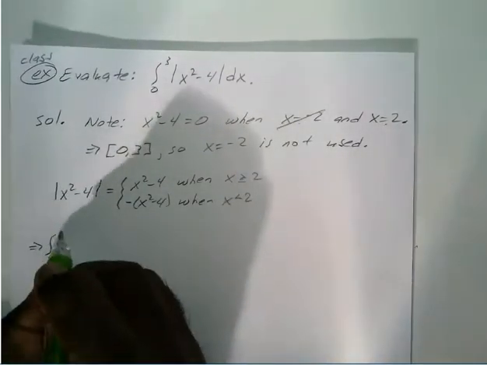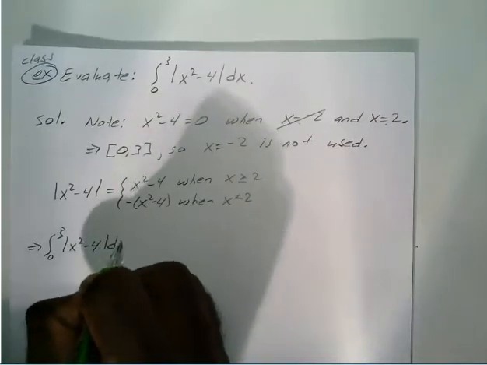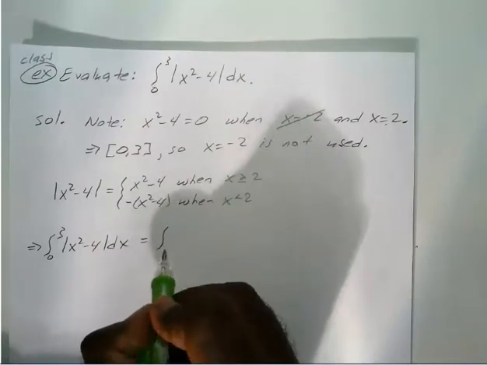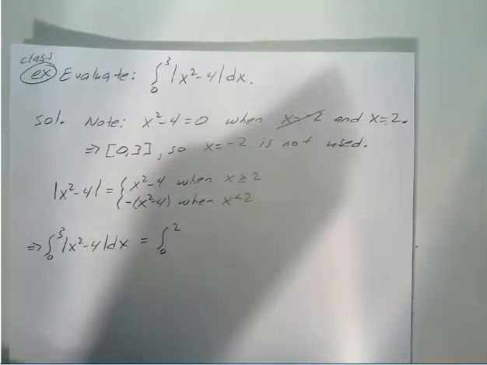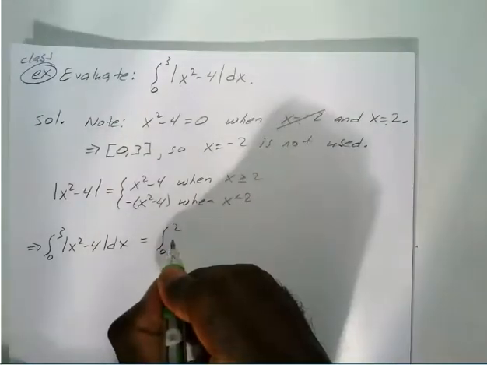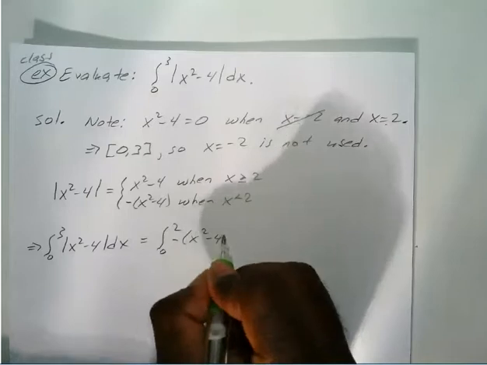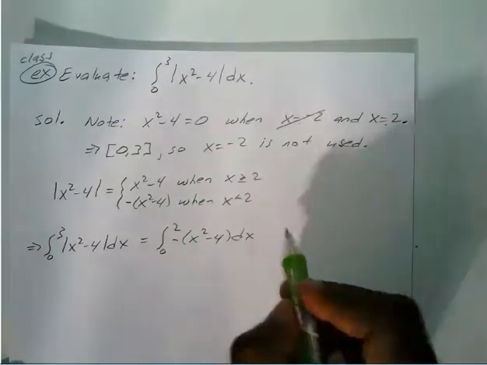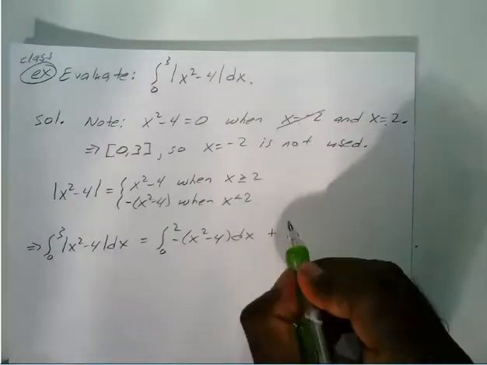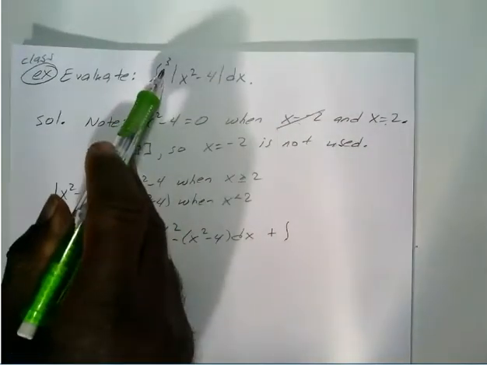So the integral from 0 to 3 of the absolute value of x squared minus 4 with respect to x is equal to the integral from 0 to 2, because remember that's when x is less than 2, of negative x squared minus 4 with respect to x, plus we pick it up and we go from 2 to 3 because x is greater than 2, but we only stop at 3.